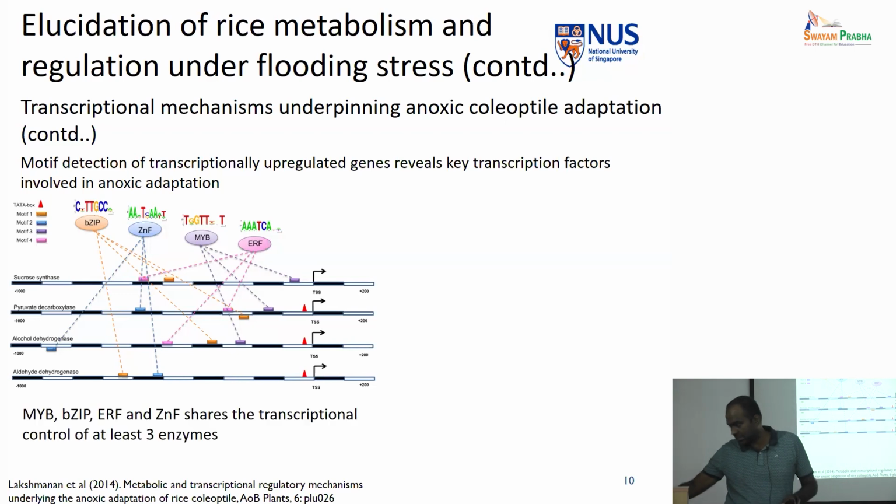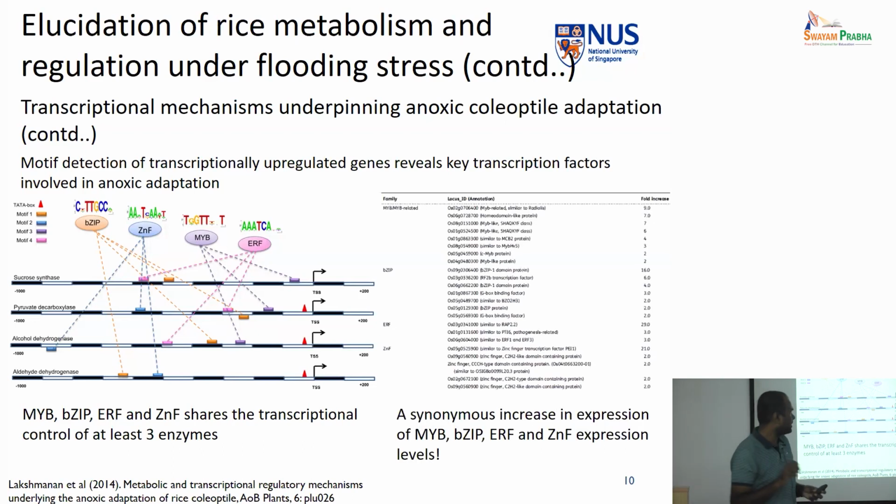This analysis showed that multiple transcription factors, a set of MYB, bZIP, zinc finger, and ERF transcription factors, which are classical plant transcription factors, had a significant role in the combined switching of these enzymes, particularly the alcohol dehydrogenase, aldehyde dehydrogenase, pyruvate dehydrogenase, and the sucrose synthase.